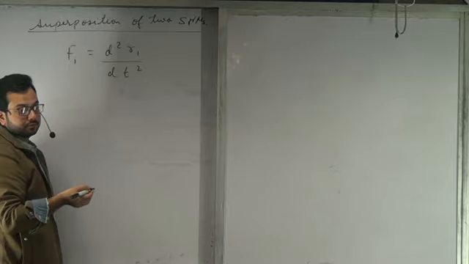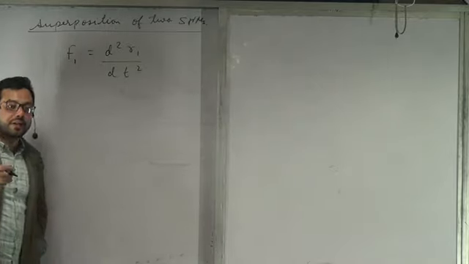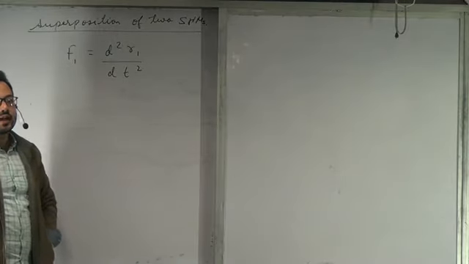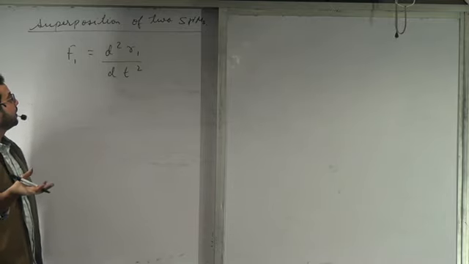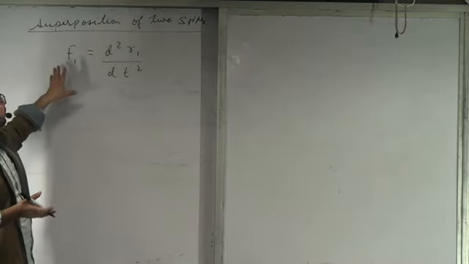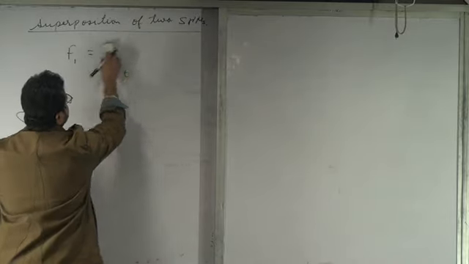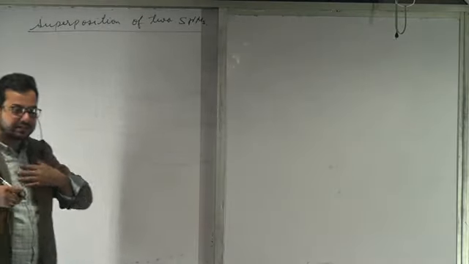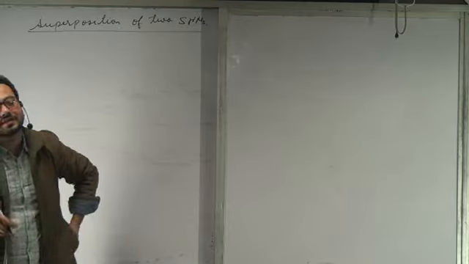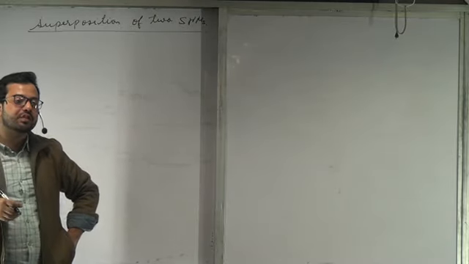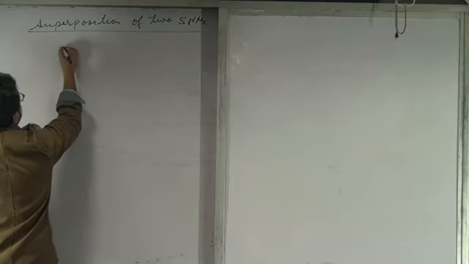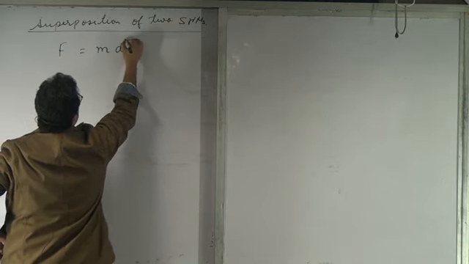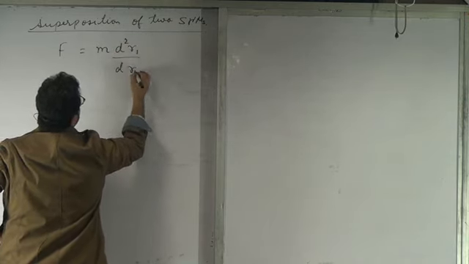If f is a force which is executing SHM, and its position is, let's say, r1, so F1 is the force and position is r1, what can I write F as? I can write F is equal to m into d square r1 upon dt square.